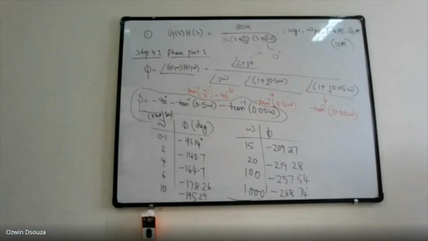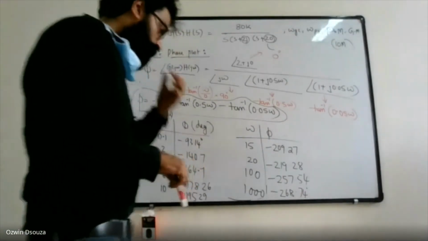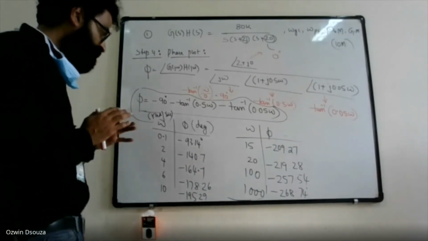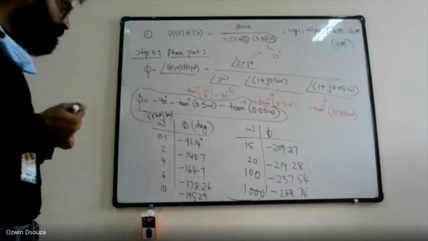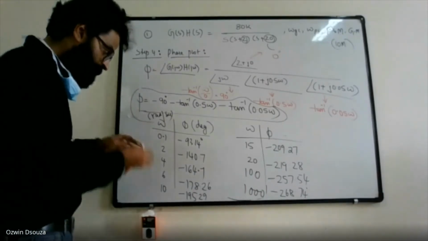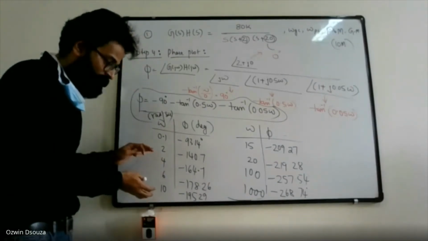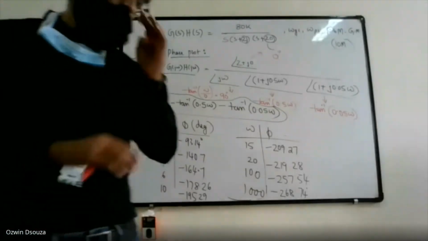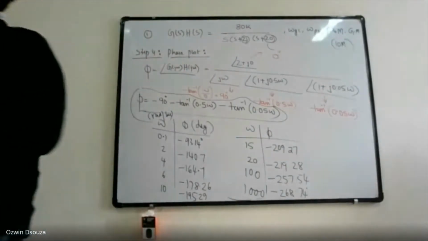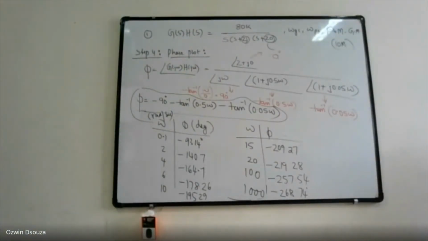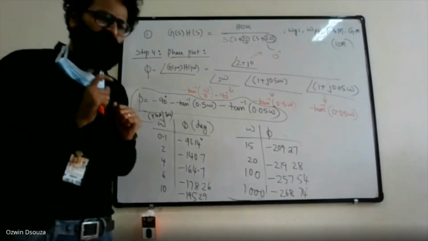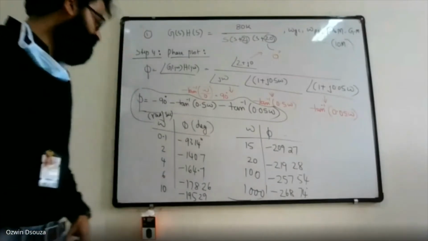Now, one very important tip I will give you. Whenever you draw a phase plot, you will have to populate the frequencies near the minus 180 degree crossover, because when the phase plot cuts the minus 180 degree line, you get something known as the phase crossover frequency.